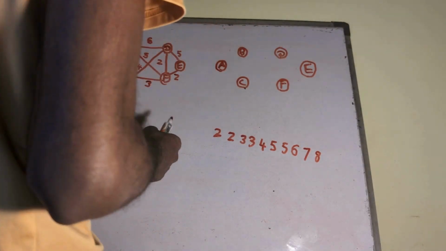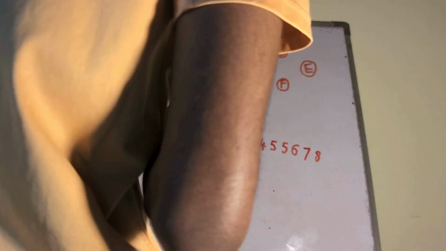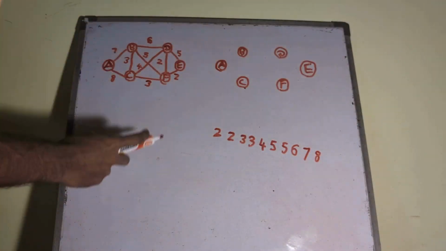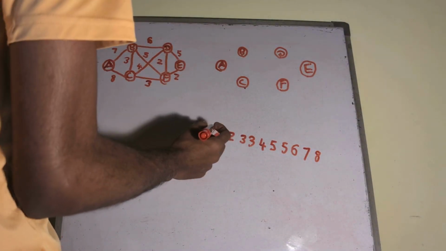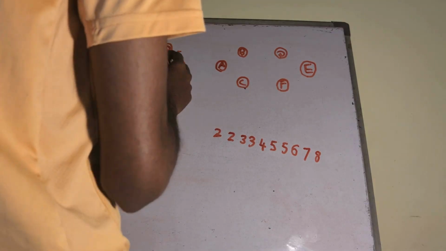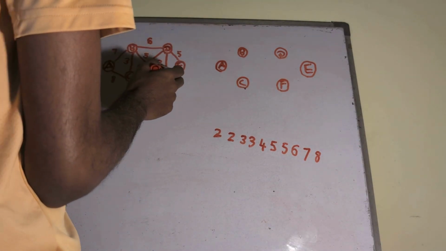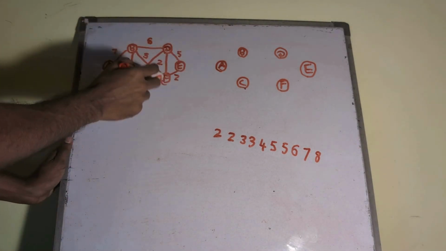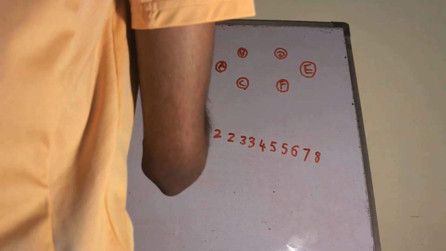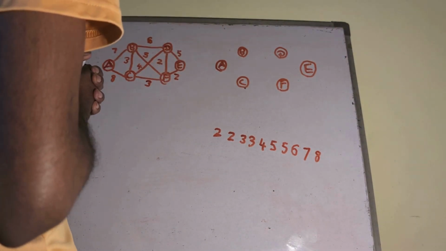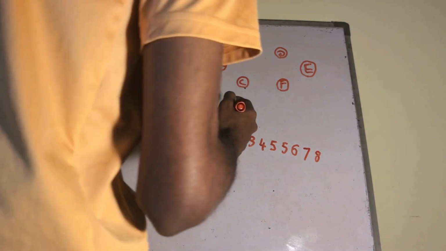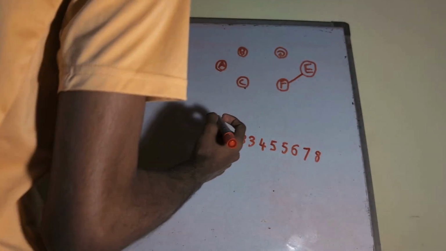So now we are going to create the MST. First one is 2. You can see the 2 edges here, FE and DF. I'll create the 2 FE edges first.